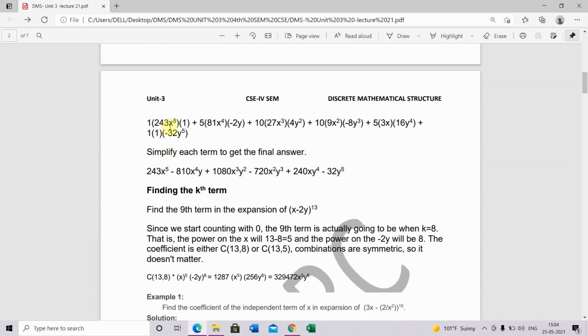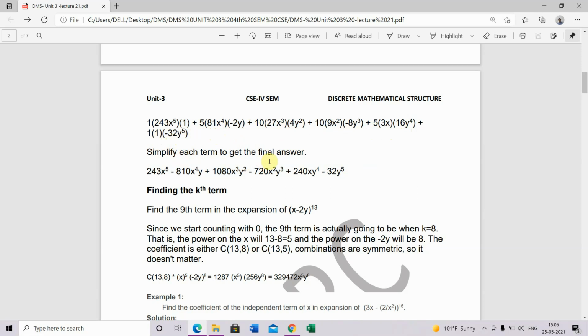1 into 243 into x power of 5 into 1 plus 5 into 81 x power of 4 multiply minus 2y plus 10 into 27 x cube multiply 4y square plus 10 into 9x square into minus 8y cube plus 5 into 3x into 16y power of 4 plus 1 into minus 32y power of 5.